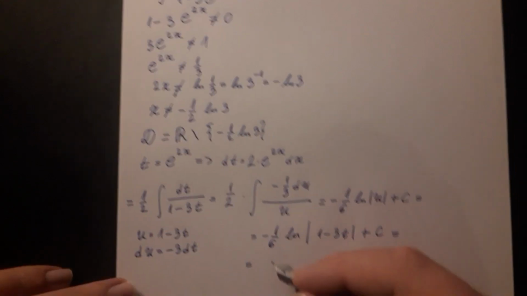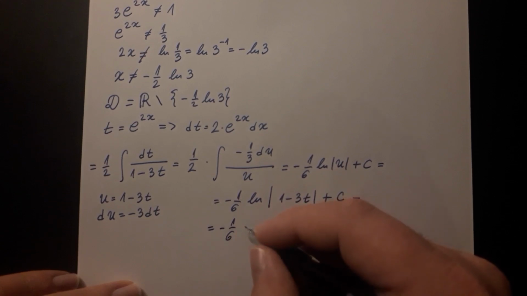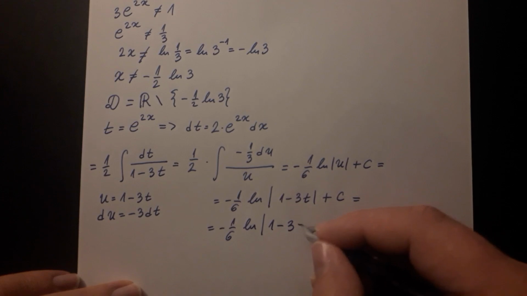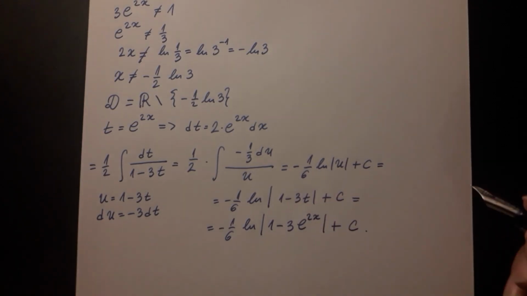When we return this into the x world, we get negative 1 divided by 6 ln of the absolute value 1 minus 3e to the power 2x plus c.